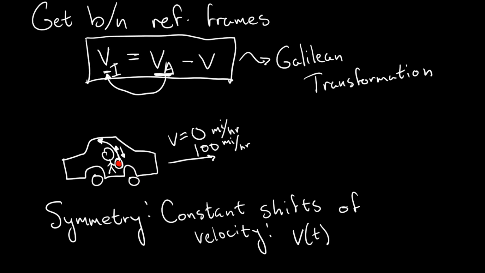This velocity doesn't have to be constant. So this could be the velocity of the ball as it's going up, which obviously changes. But my laws of physics should be symmetric if I just consider some change v minus v naught, where this is a constant. The constant part is very important. That's a very important part of this.